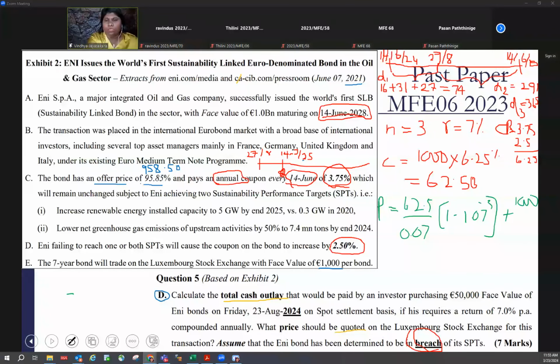Don't make the mistake of putting 62.50 here and 100 here. That's a common mistake we make because we're so used to 100. So if you put 6.25 here, you can put 100 here. 1.07 into 3.